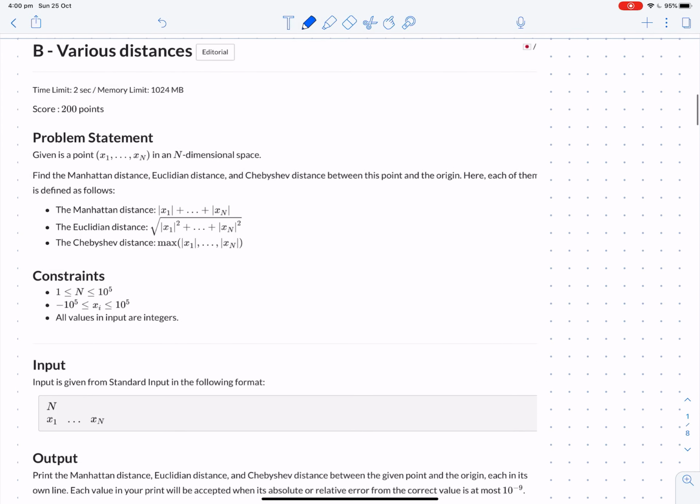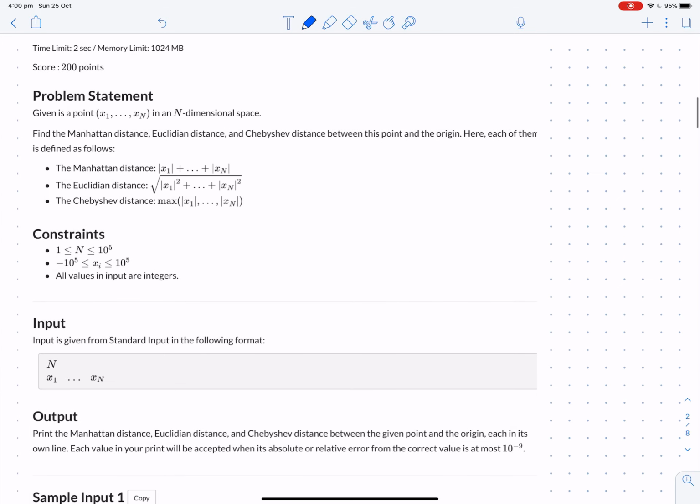Question B, various distances. Given is a point x1 to xn in an n-dimensional space. That sounds very confusing, and I won't get too distracted by the mathematics here. We're finding 3 distances.